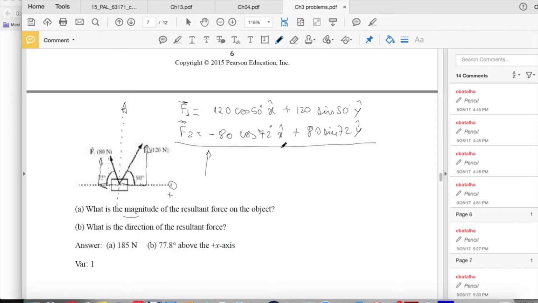When you add those two components, the resultant of these two forces, you add the coefficients. Minus 80 cosine of 72, this is in the x direction, plus 120 sine of 50 plus 80 sine of 72.